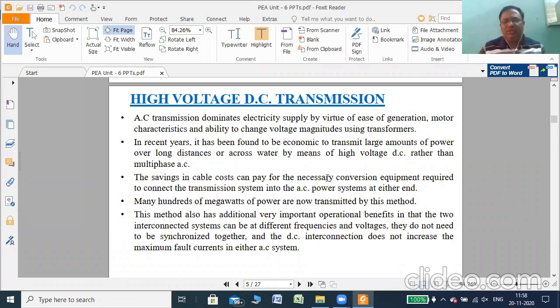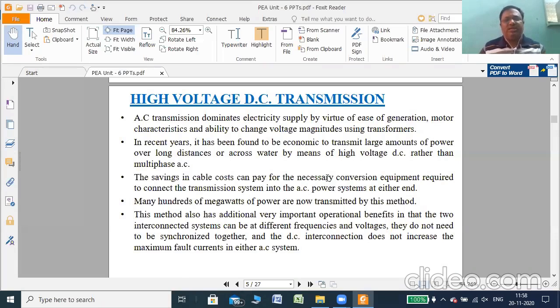Big towers are required to carry more than 3 wires, and using those towers we connect 4 or 5 wires and transmit the AC from one place to another. It is quite difficult, complicated, and costly. Even if you want to transmit power through or under water, it is sometimes very difficult.